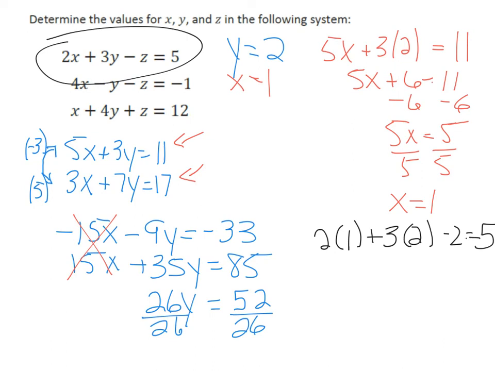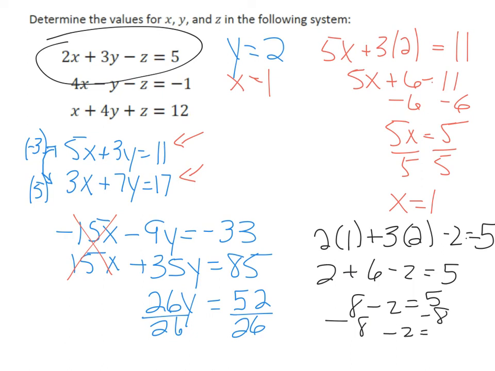So just plugging in everything that I know, I have 2 plus 6 minus z is equal to 5. Combine your like terms and I get 8 minus z is equal to 5. Subtracting the 8, I get negative z is equal to negative 3. And I just divide by a negative 1, and it will give me that z is equal to positive 3.